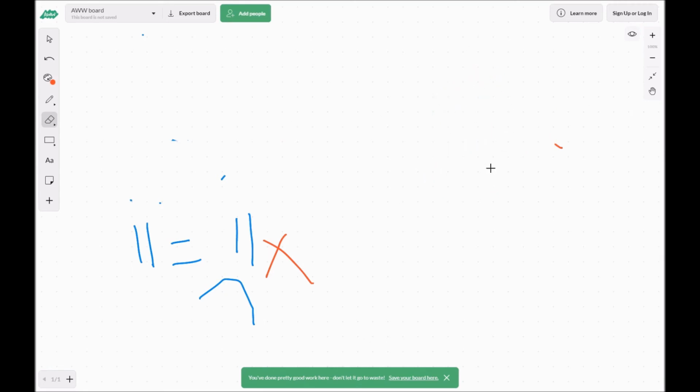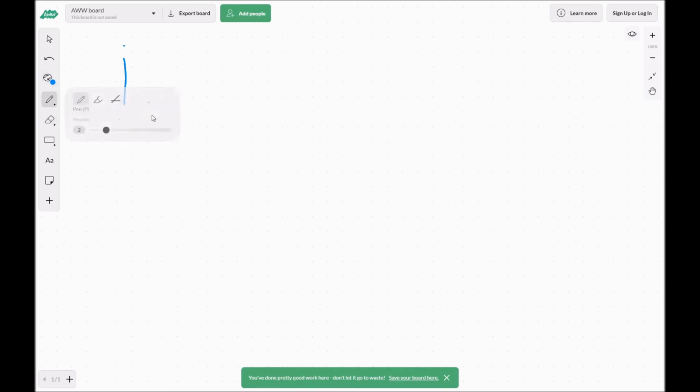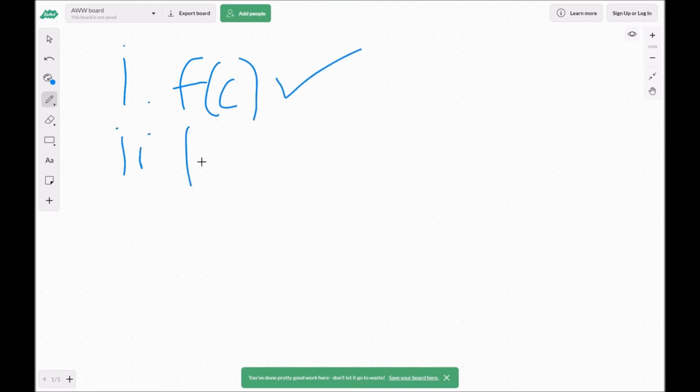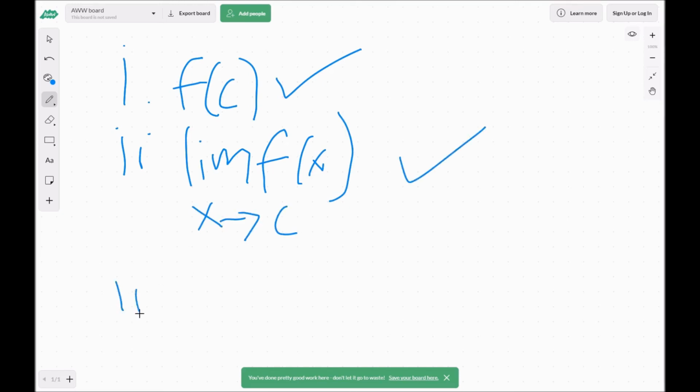Okay. So now we've finished that, we can determine a function is continuous if 1, f of c exists, 2, the limit of f of x as x approaches c exists.